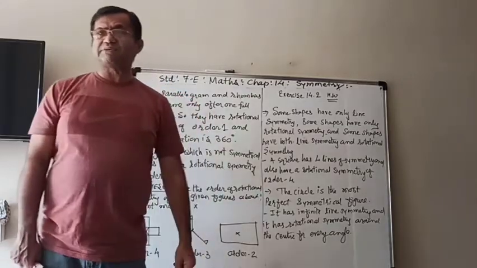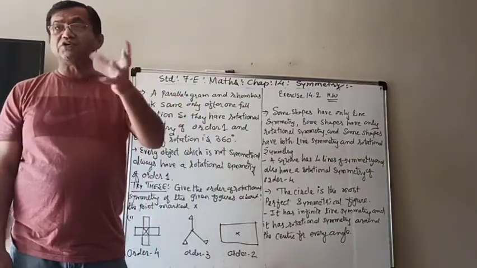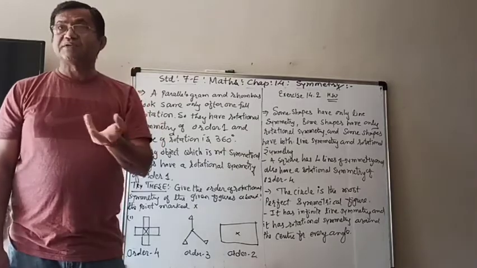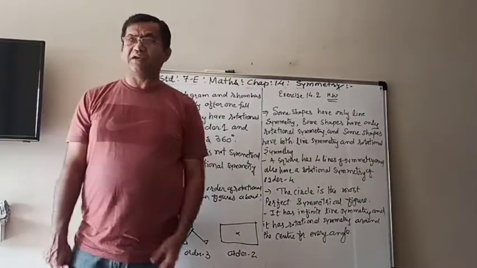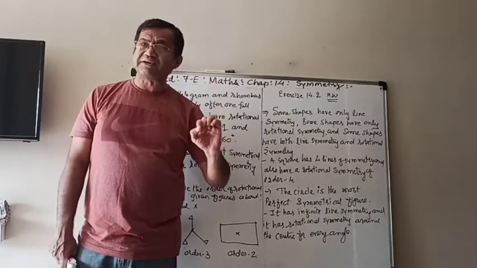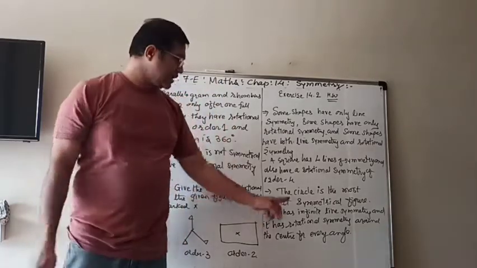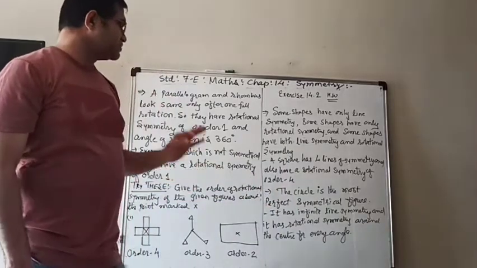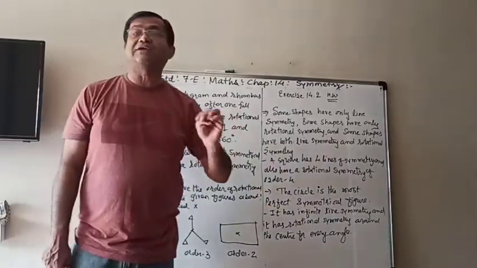What about rotational symmetry? Whenever you turn a circle, it looks exactly the same at every angle. It means it has rotational symmetry around the center for every angle.